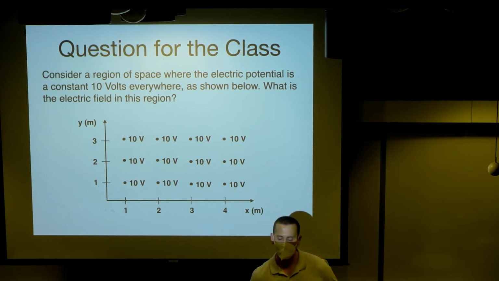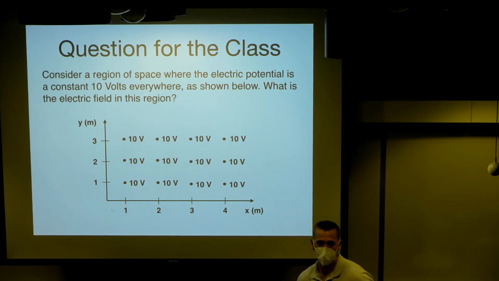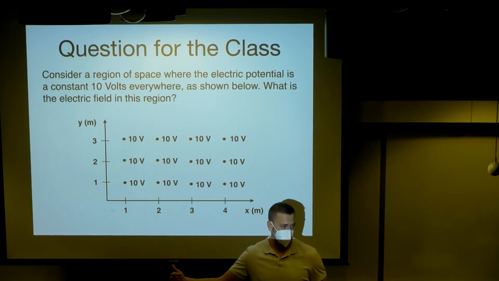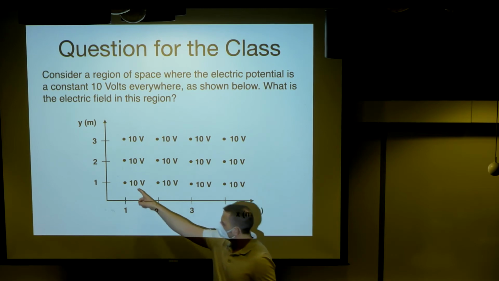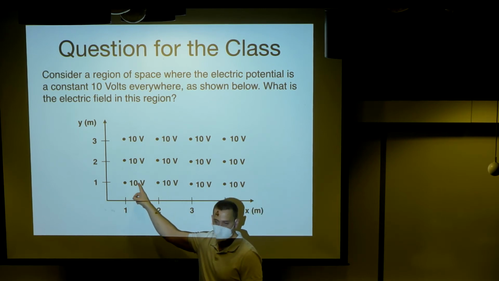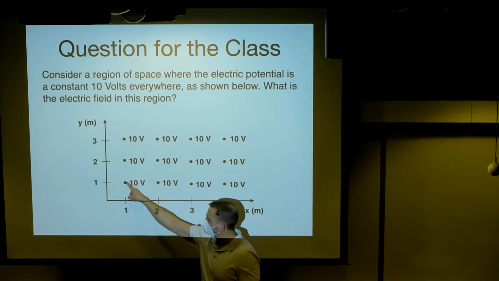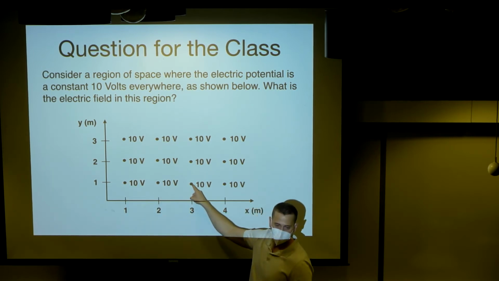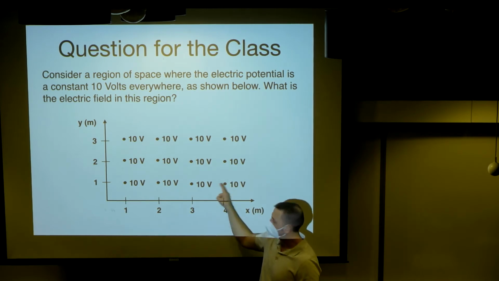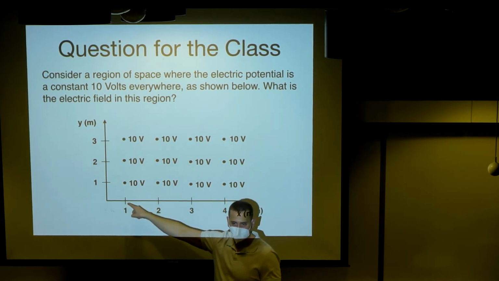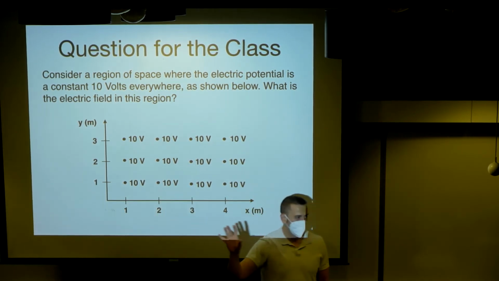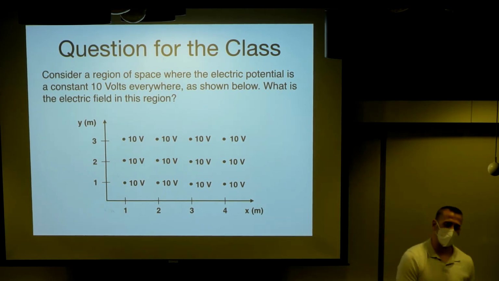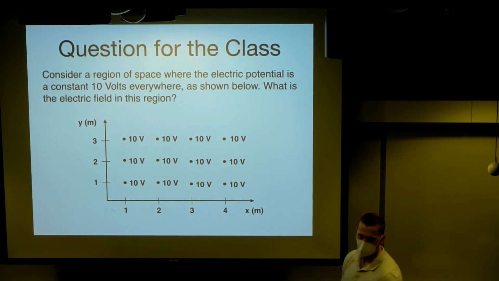Because what is the E field as we derive it from potential? It's given by a derivative with respect to our coordinates, right? So in other words, if I wanted to know the E field in the x direction, I would be looking for how my voltage is changing as I go along the x direction. But it's not changing at all, is it? So surely we can say there's no x component for this E field, right?